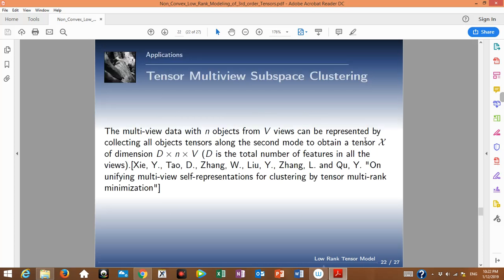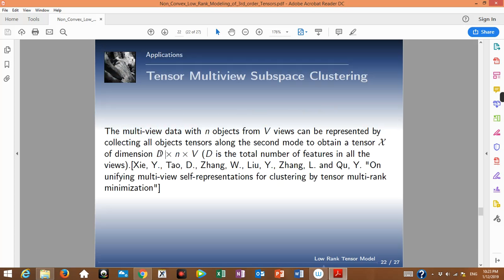And we can also extend subspace clustering to tensors. That is, we can explore multi-view data with N objects and V views. So we can form this multi-view data as a tensor.